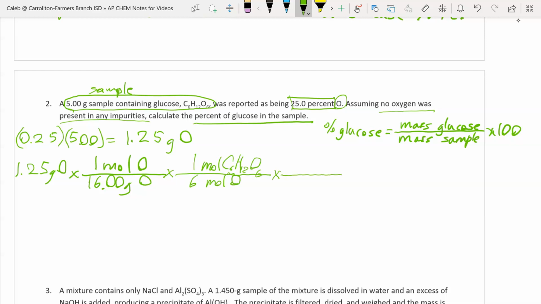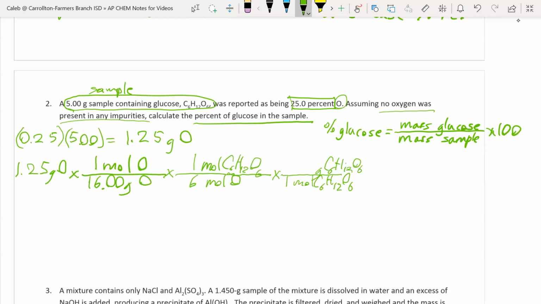We want to continue on by converting from moles to grams. I need mass of glucose, so I have 1 mole of glucose, C6H12O6, is how many grams of C6H12O6.